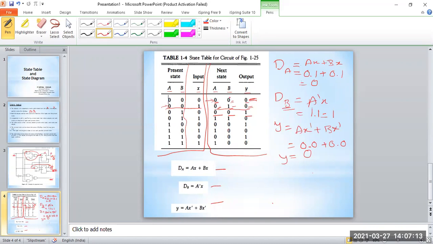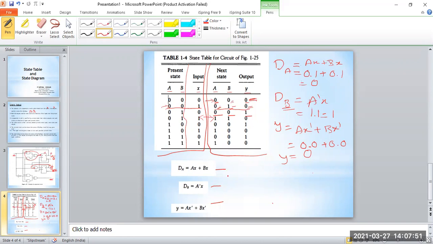This is called the state table, which clearly explains the operation of a sequential circuit. That means when the inputs are 0, 0, 0, what are the next states of the flip-flops, and what is the y. It shows us the relationship between the inputs and the outputs, right? By considering the state table, we can understand the operational behavior of a sequential circuit.